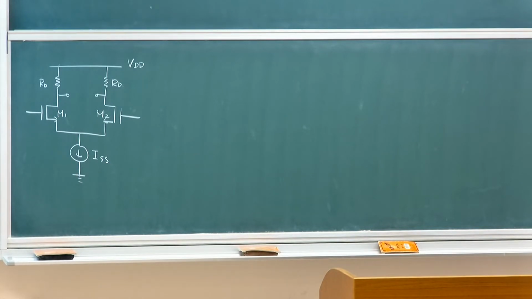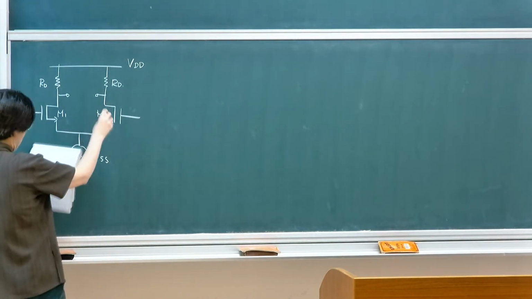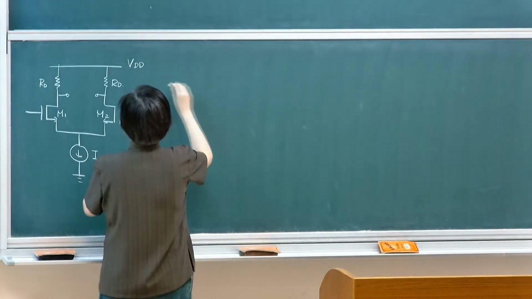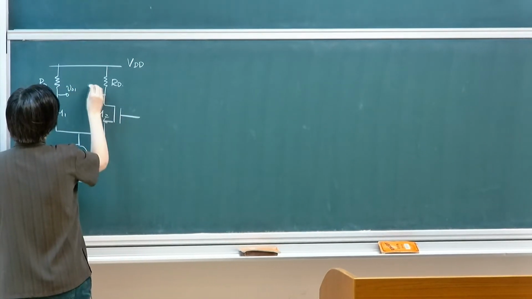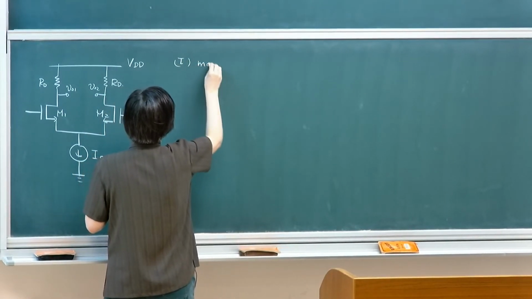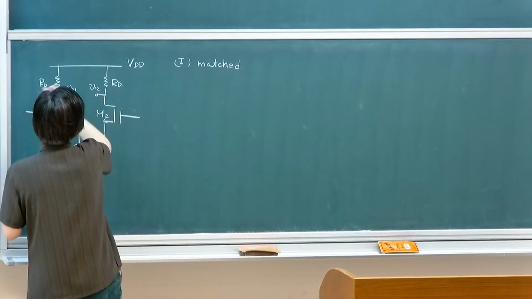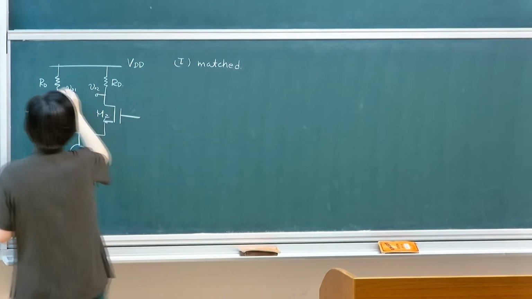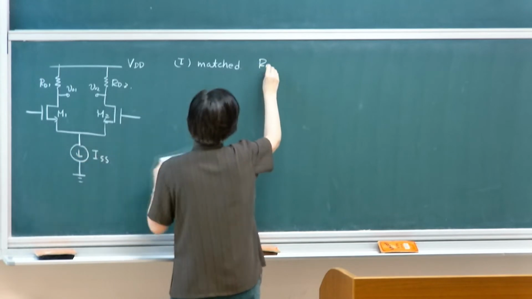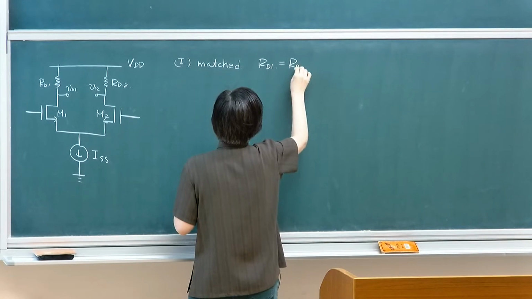a matched device. With matched devices, you're assuming that your common mode gain is the same. So let me write it down. VO1. We're going to consider one case when they're matched, meaning that both transistors are the same, ID1 equals ID2.